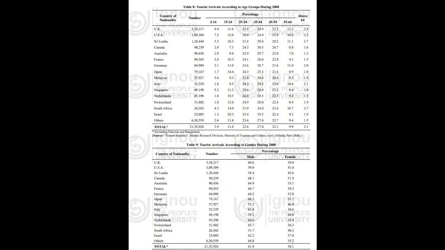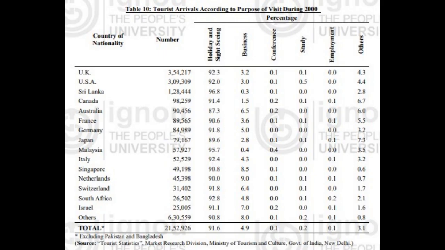Tourist arrivals according to age groups during 2000. Table 9. Tourist arrivals according to gender during 2000. Table 10 gives the data of tourist arrivals according to their purpose of visit during 2000. It clearly indicates that India is able to establish itself as a holiday and leisure market, 91.6%. Table 10. Tourist arrivals according to purpose of visit during 2000.